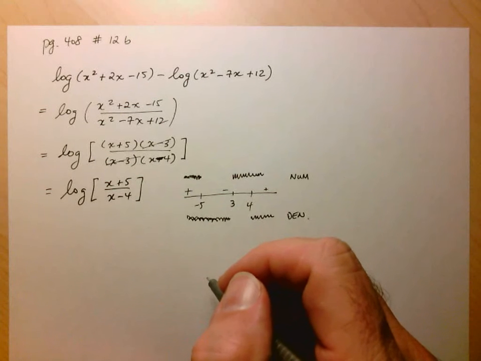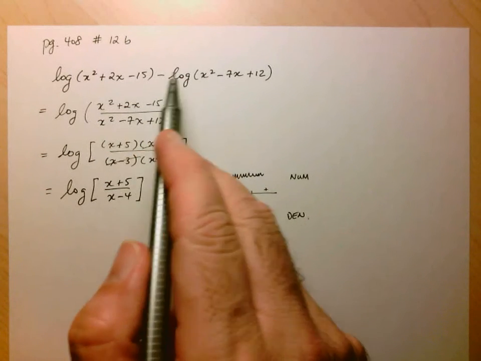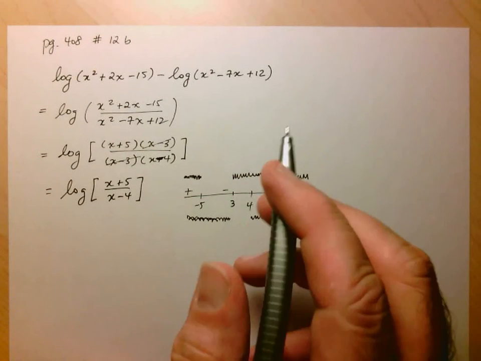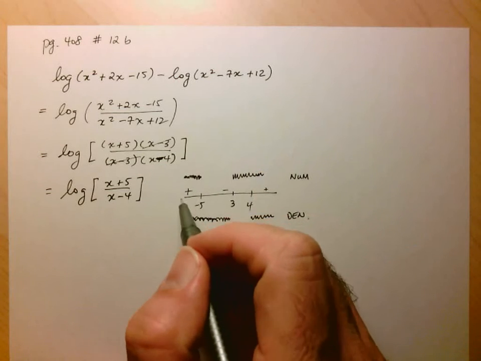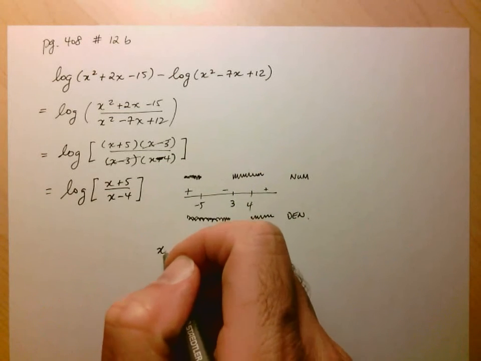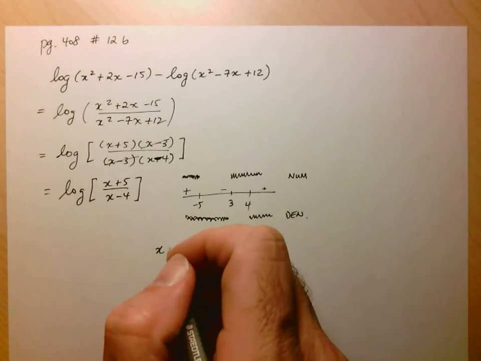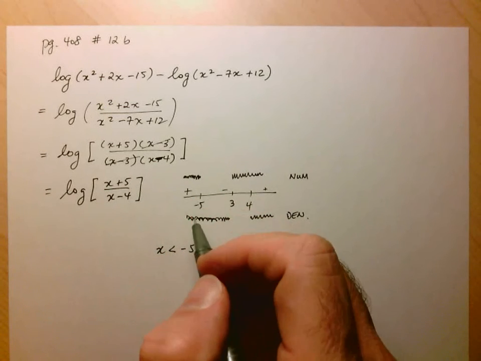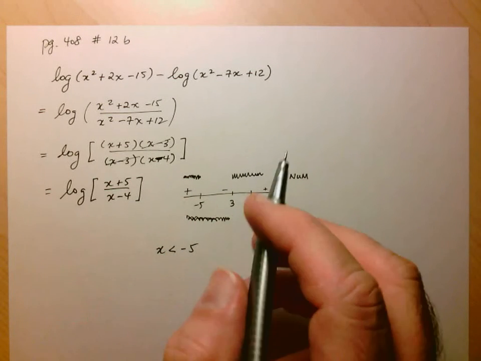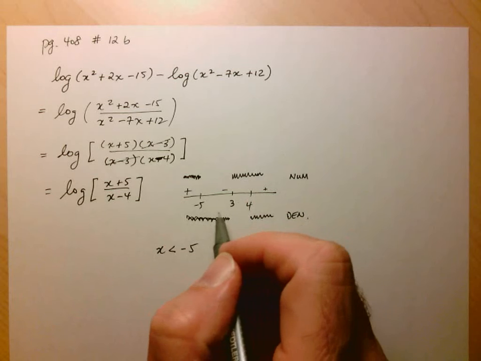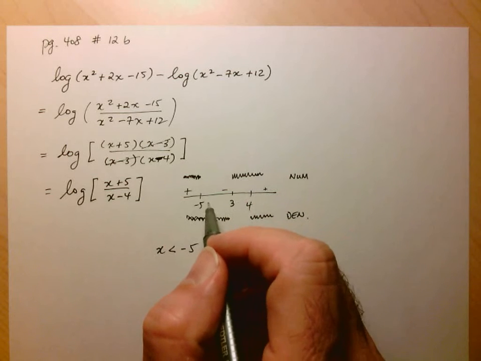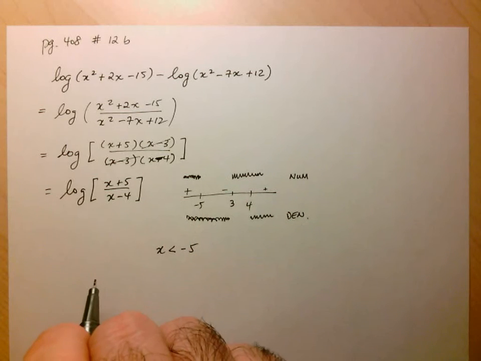Essentially what we're looking for is the intersections, where everything is positive, both the original expressions and the final one. We see that for anything less than negative 5, everything will be positive. Even though this denominator is positive between negative 5 and 3, the numerator is not.